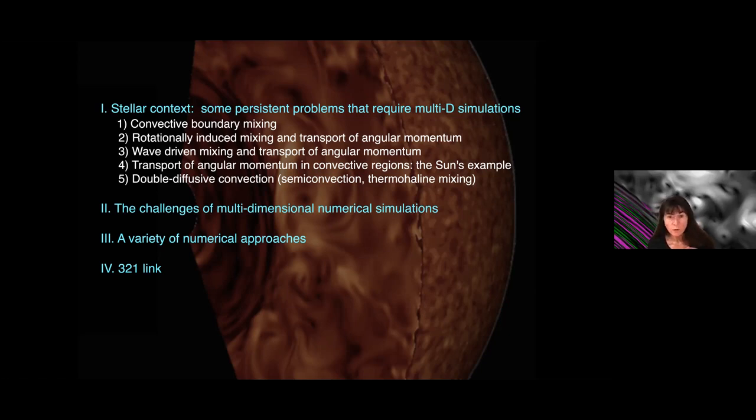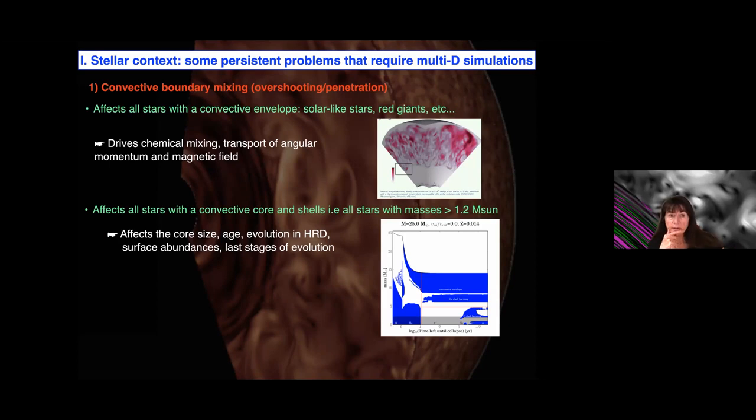First of all, the general stellar context, some persistent problems that require multi-D simulations. We have heard a few already yesterday, and we'll hear more during the course of this conference.